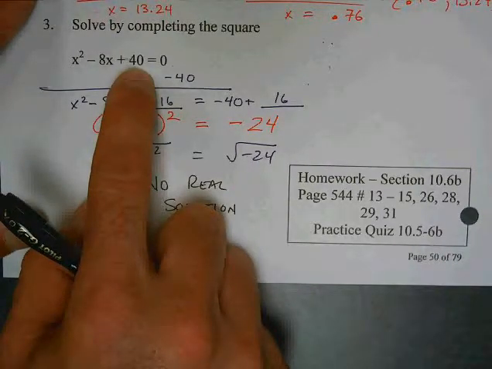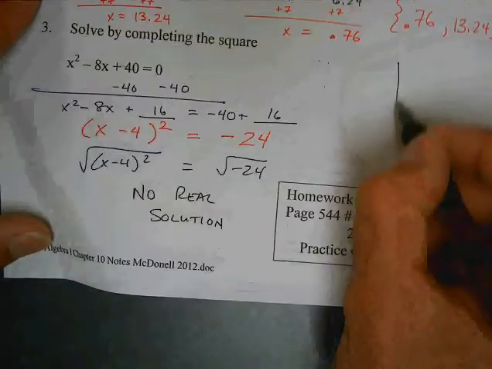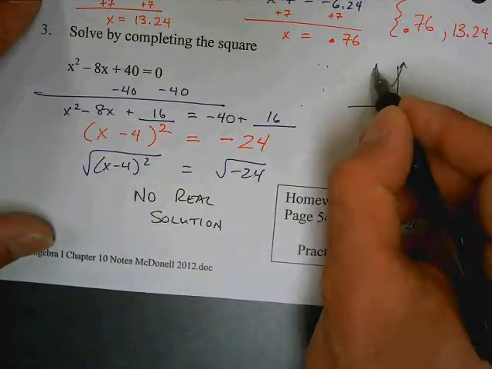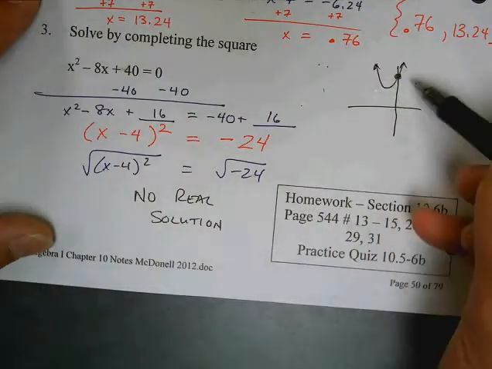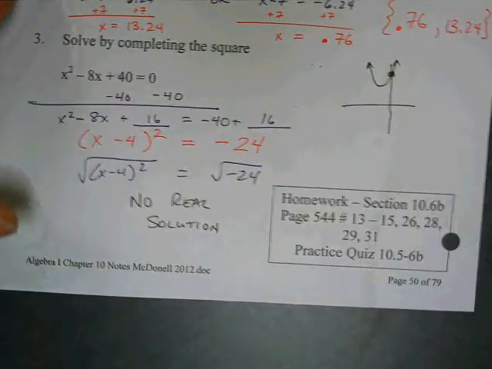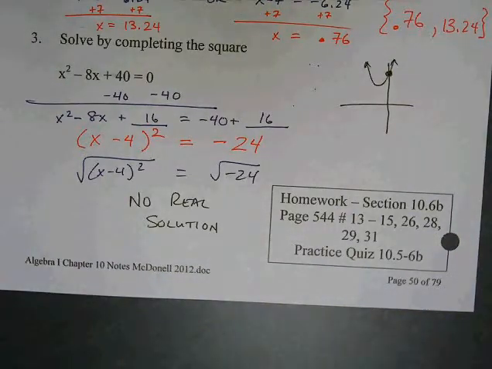Where is the y-intercept? At 40. This parabola looks like this. And that spot right there is 40. So what does it mean about the parabola? It just doesn't get down low enough to cross the x-axis. Is it still a parabola? Yeah. All this means is there's no points that cross the x-axis.